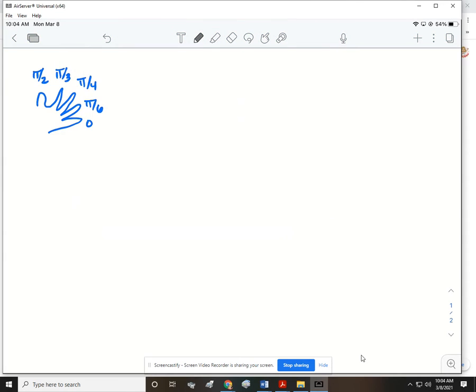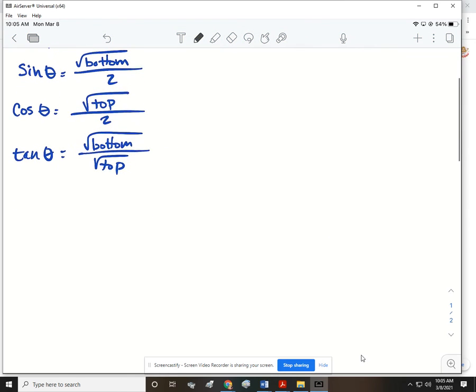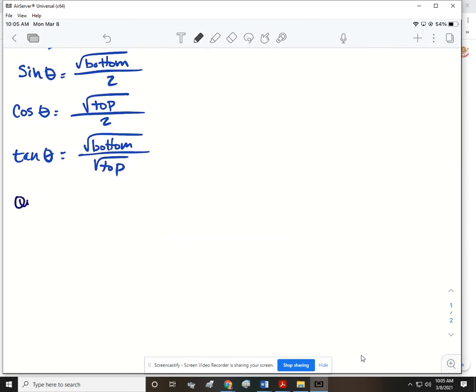We need to know the rules for the hand trig. We need to know the quadrant angles.